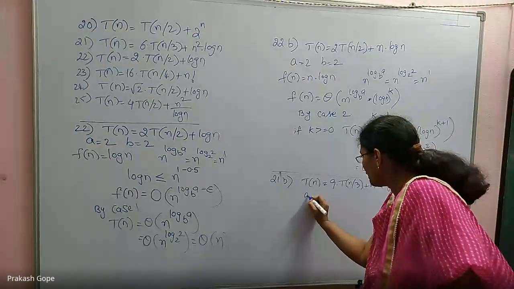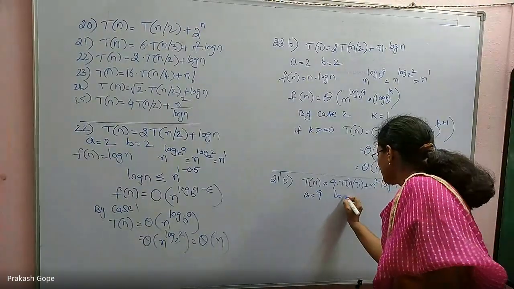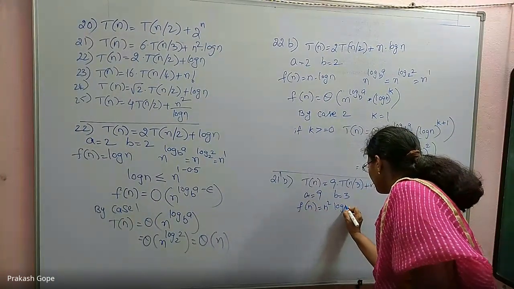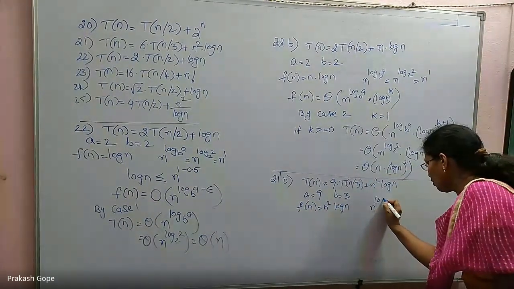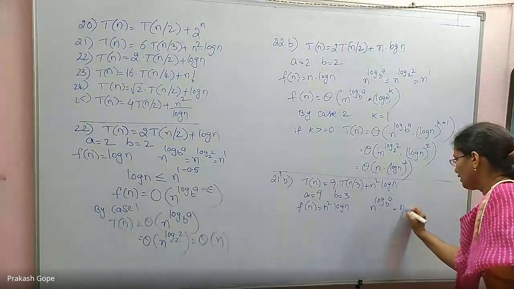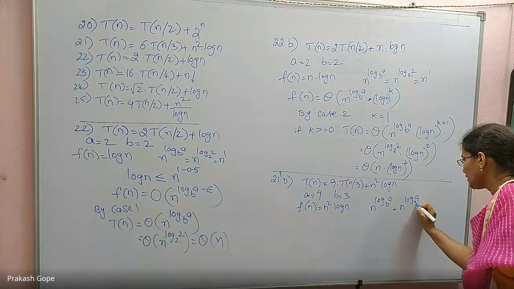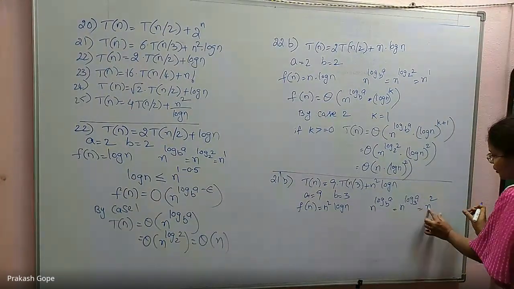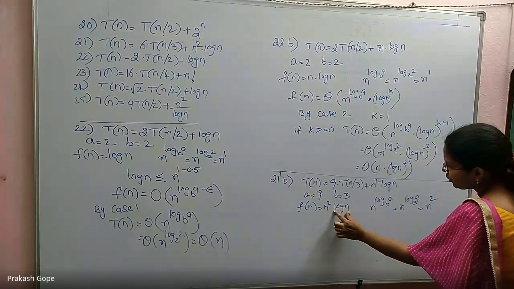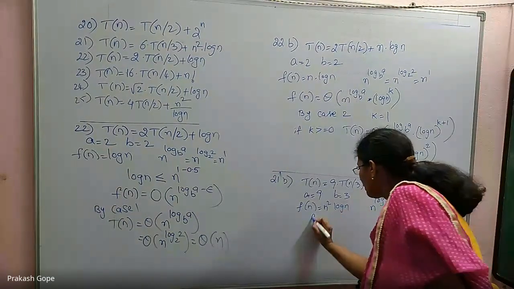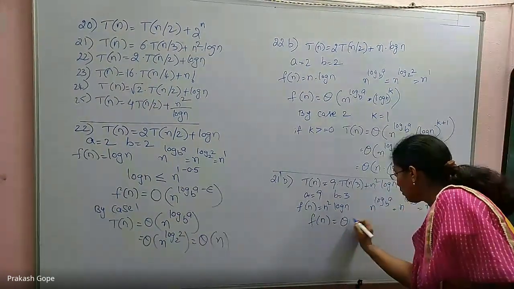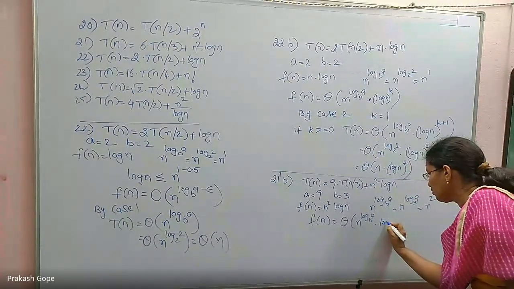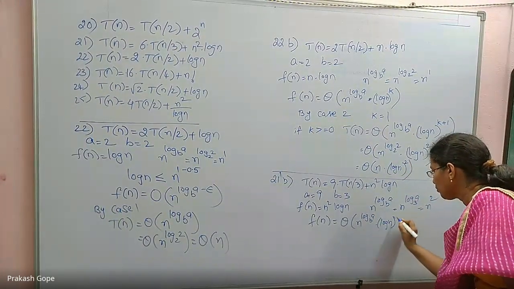If you want me to solve, I'll do that. A is 9, B is 3, f of n is n square into log n. N power log a to the base b is n power log 9 to the base 3, which is n square. This n square is exactly here into log n whole power k. So f of n is equal to theta of n power log a to the base b into log n power 1.